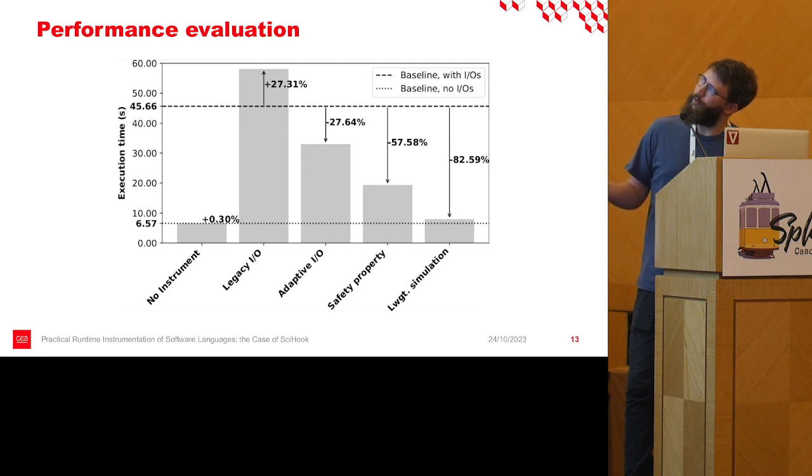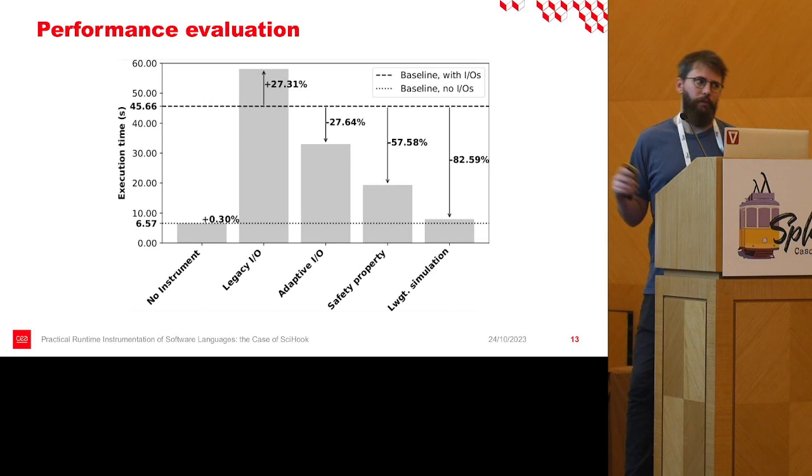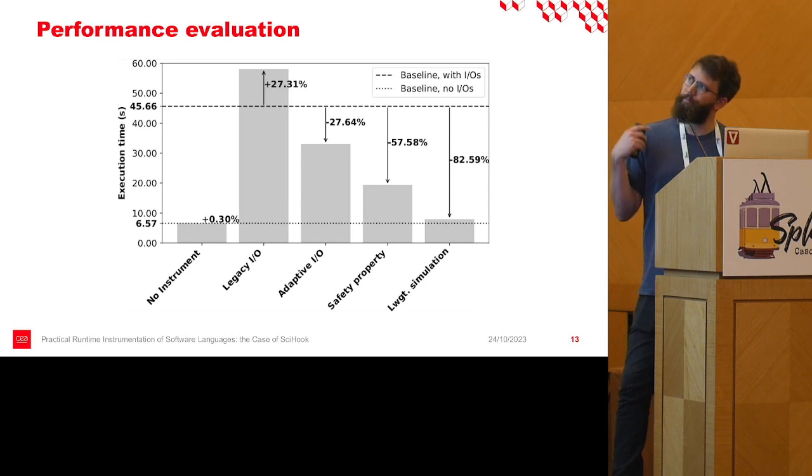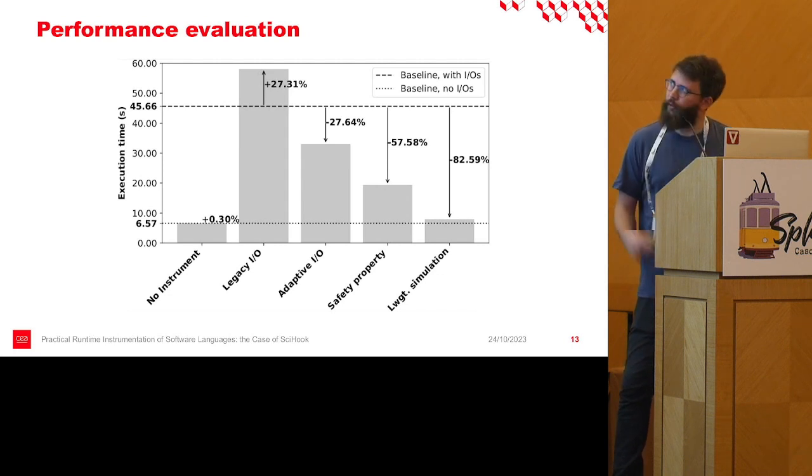It shows that by only monitoring and not outputting any data, we can still validate some properties and be faster than if we did dump all the data. And the lightweight simulation is really a huge speed up because of not having to do any IOs.